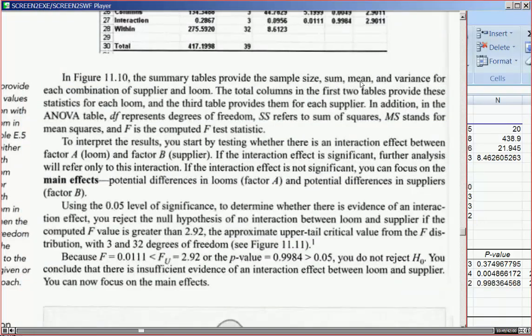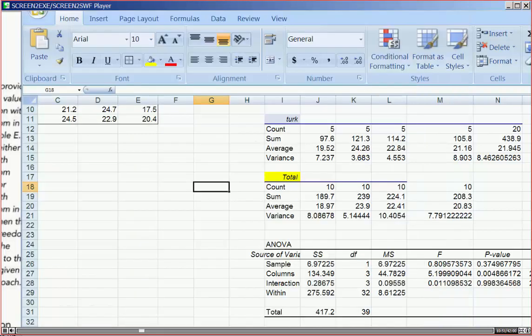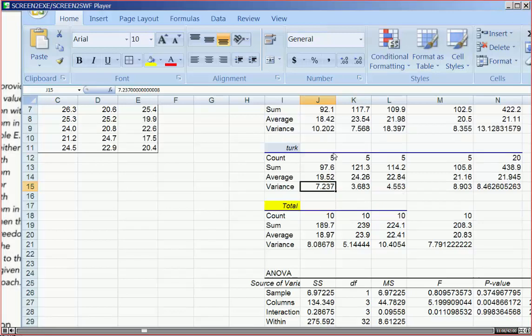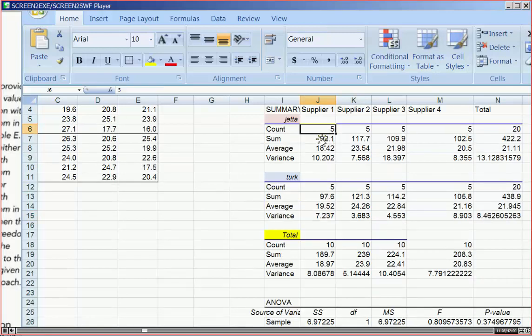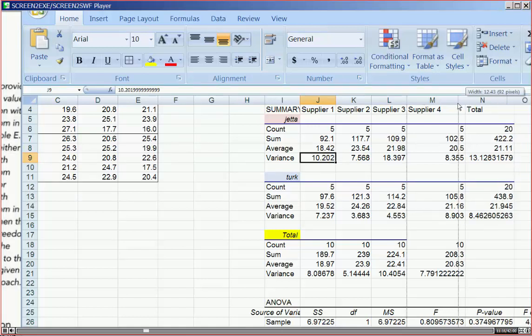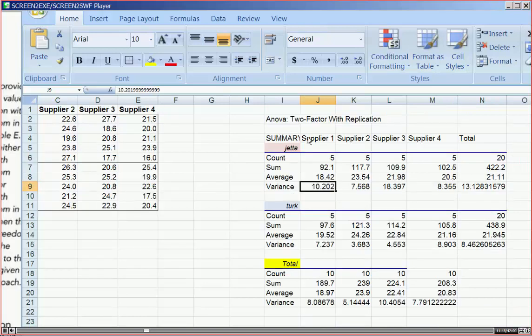Sample size, sum, mean, and variance. Sample size, sum, mean, which is average, and variance, right here. Sample size, sum, mean, and variance. And we can certainly see our suppliers listed here as well.